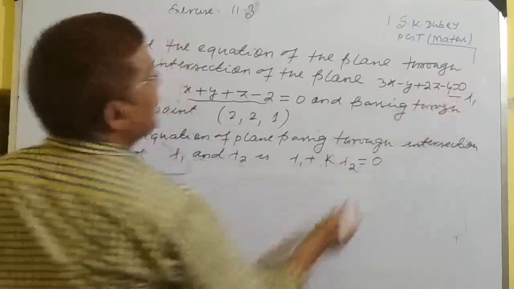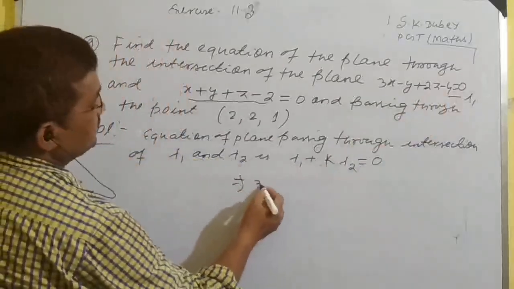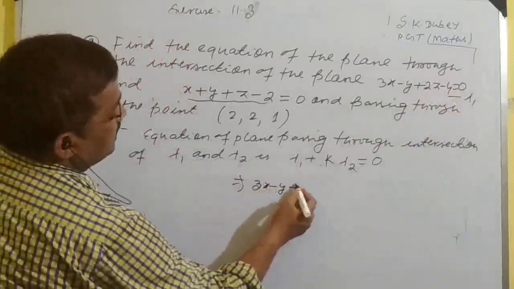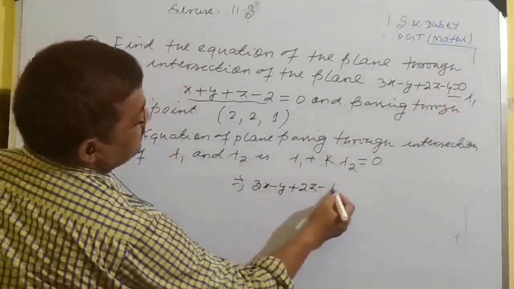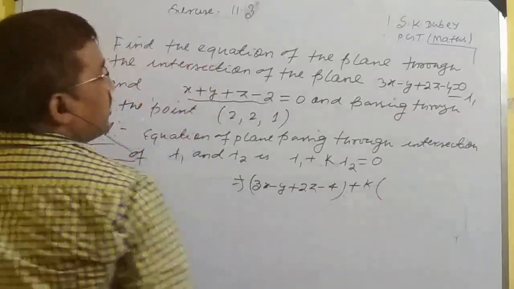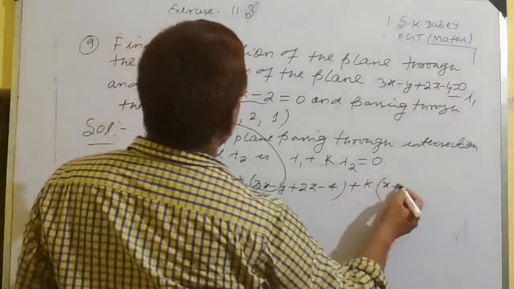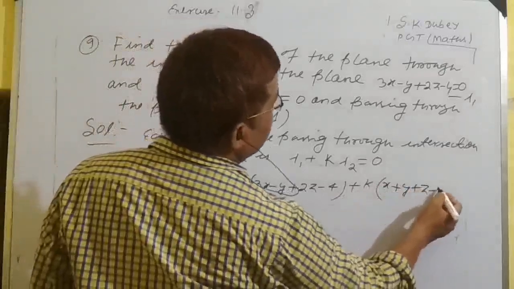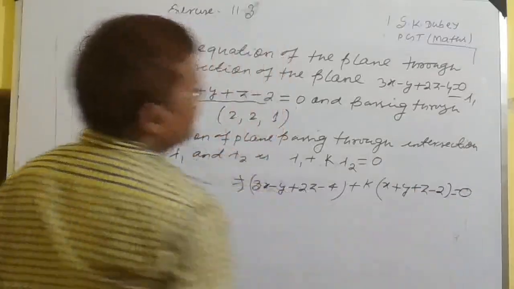This plane is lambda 1. This implies 3x minus y plus 2z minus 4 plus k times lambda 2, which is x plus y plus z minus 2, is equal to 0.